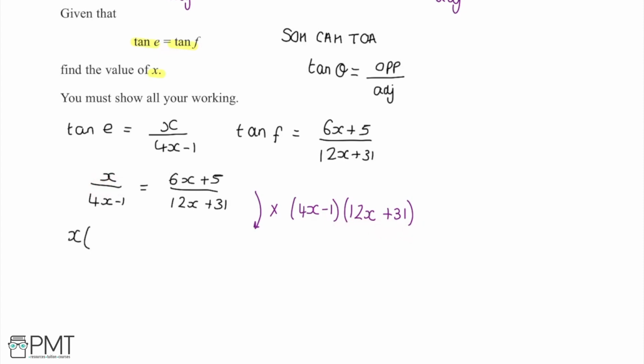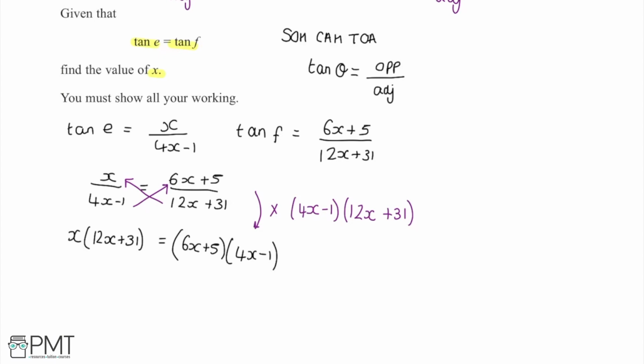So we have x lots of 12x plus 31, and that's going to be equal to 6x plus 5 multiplied by, again, 4x minus 1, sorry, and also this 12x plus 31, but that cancels out with the denominator. So it's kind of like we're cross multiplying here, so we're multiplying this by this and that by that, so there's a cross here.